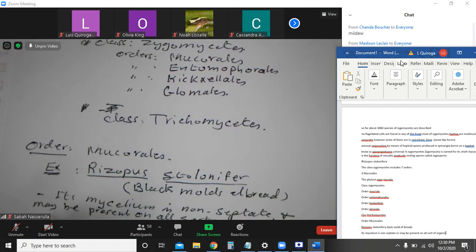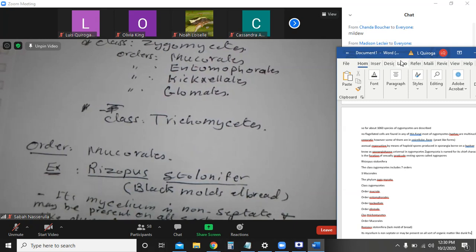Like for example, dung, fruit, and also on fleshy fungi.